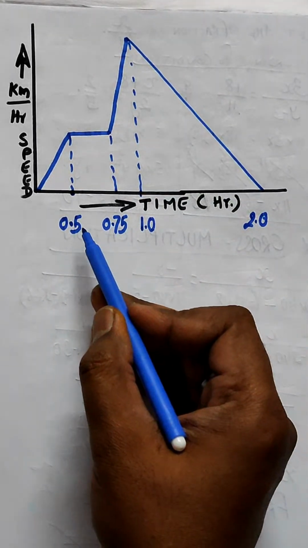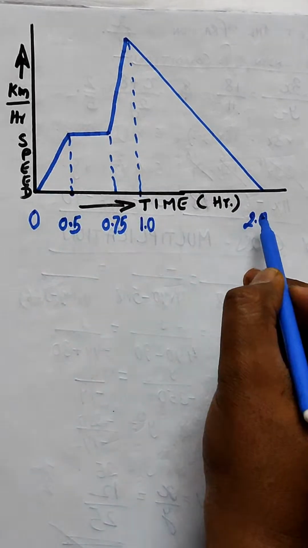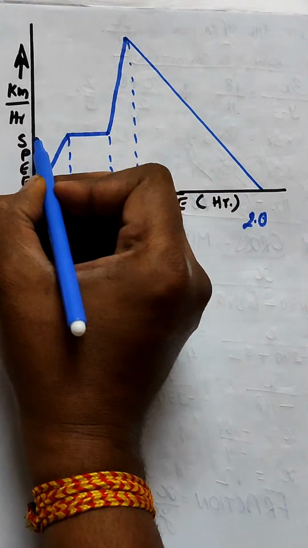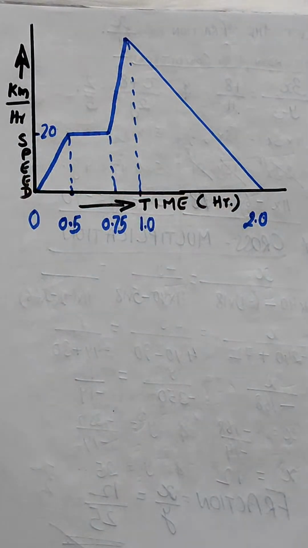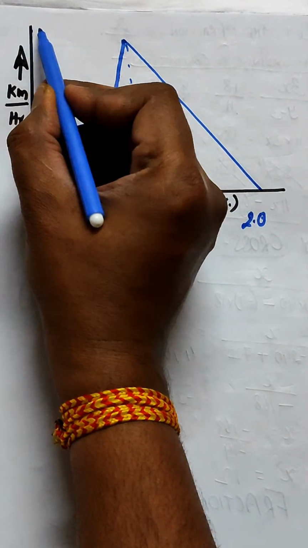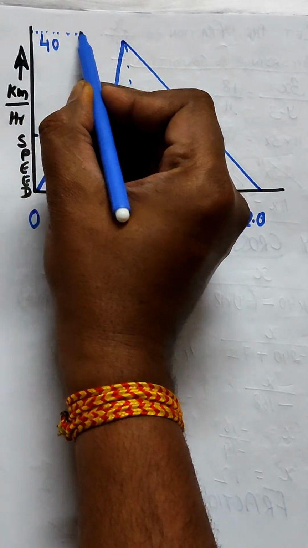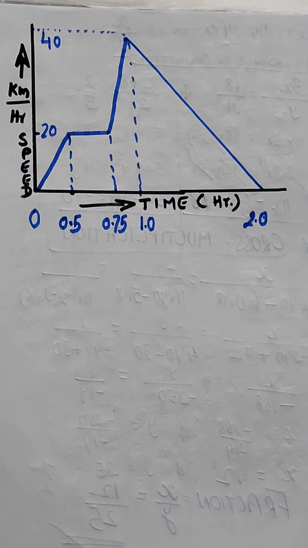Since the train is traveling from 0 to 2 hours, for the train's journey it's given that for 2 hours of journey this graph is plotted, right? And here is 20, and the peak speed is 40, right? So this is given to you.